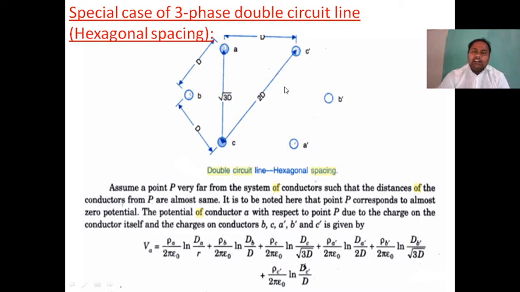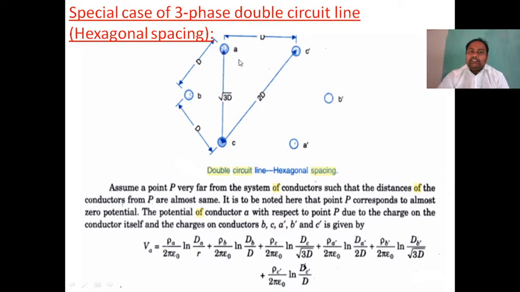If you consider conductor C dash having the charge rho C dash, it gives rho C dash by 2 pi epsilon naught log dC dash by D, where dC dash is the distance between conductor C dash and point P. Why do we write D?